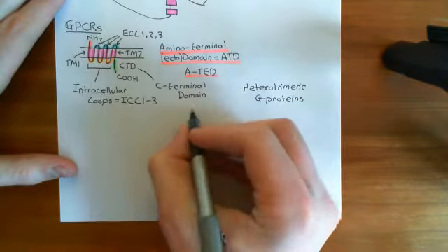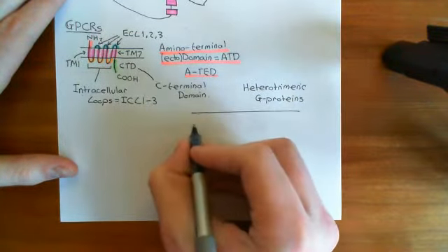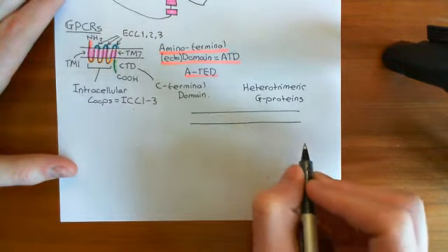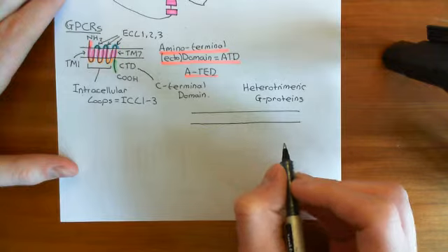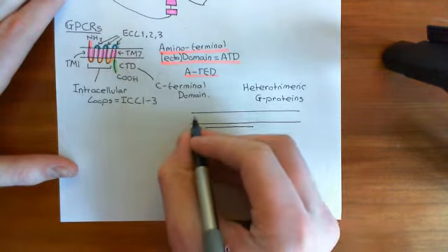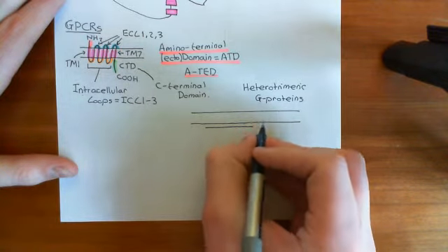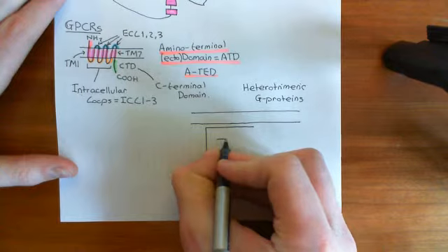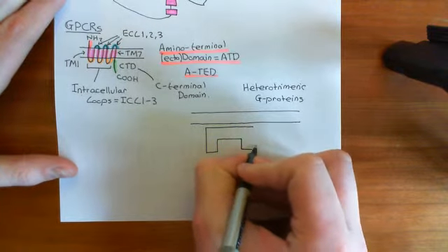Okay, so let's draw a heterotrimeric G protein then. We'll begin with the most important of the 3 subunits, which is the alpha subunit. These 2 lines here represent the phospholipid bilayer once again. So here is my alpha subunit here.